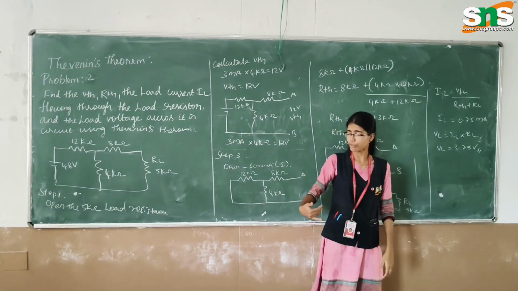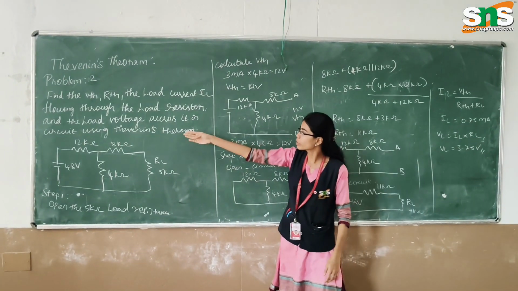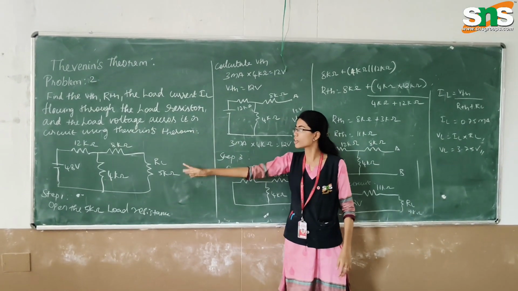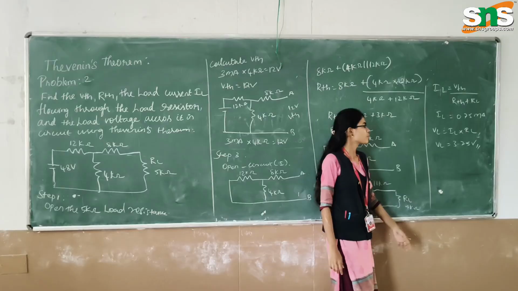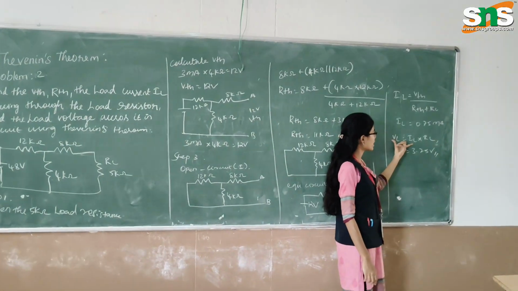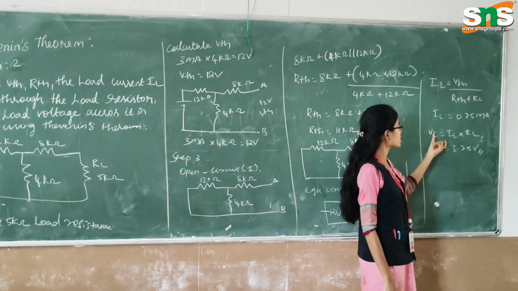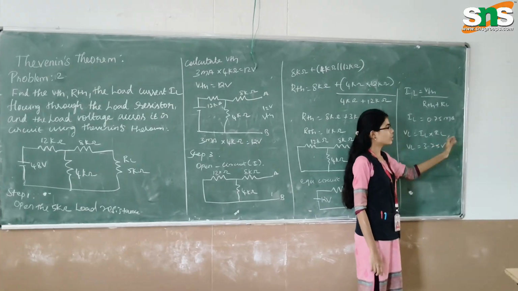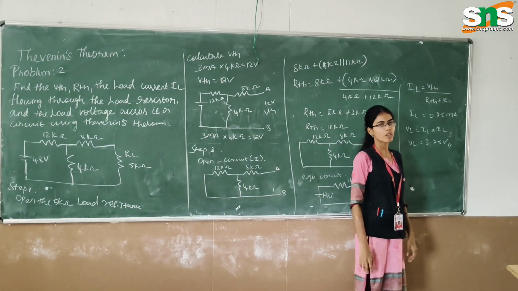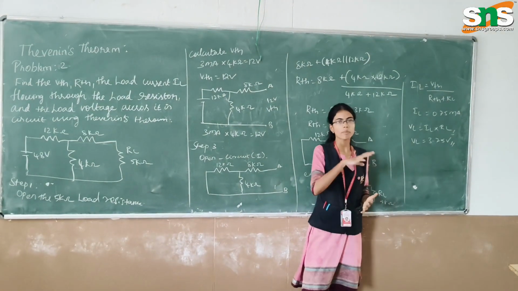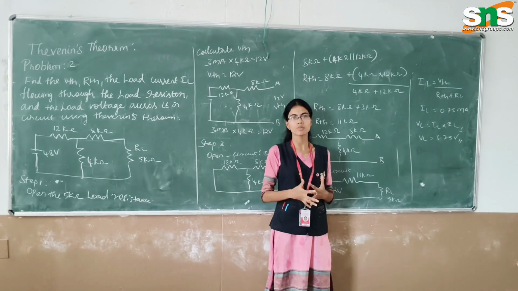After that we have to find the load voltage across the circuit using Thevenin's theorem. So V is equal to I times R. These formulas are associated with Ohm's law.